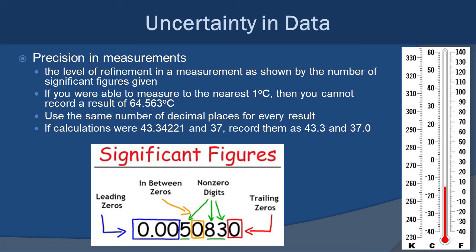You should use the same number of decimal places for every result. That's important. So if calculations gave 34.34221 and 37, you would record them as 34.3 and 37.0. So you have to consider these various norms when you deal with data.